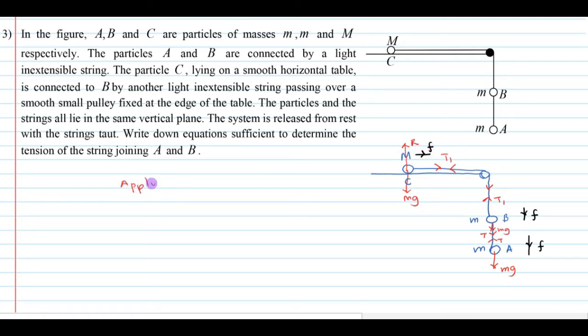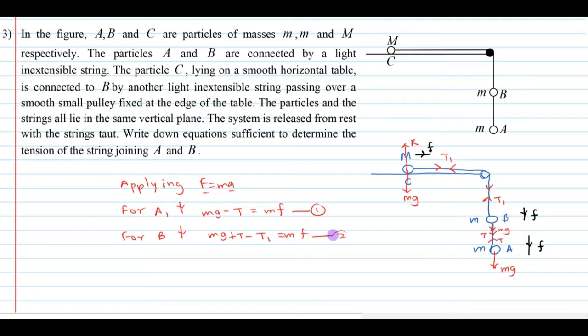Applying F equals ma for each particle. For A, downwards, mg minus T is equal to mf. This is the first equation. For B, vertically downwards, mg plus T minus T1 is equal to mf.